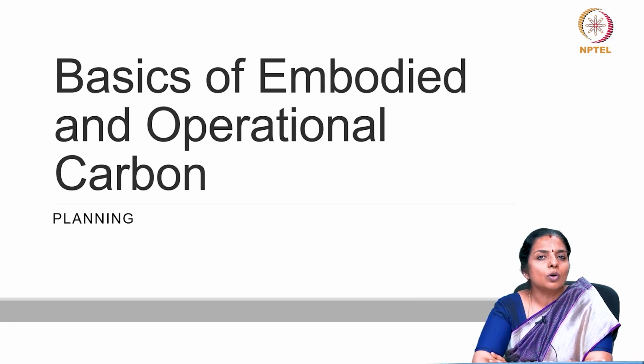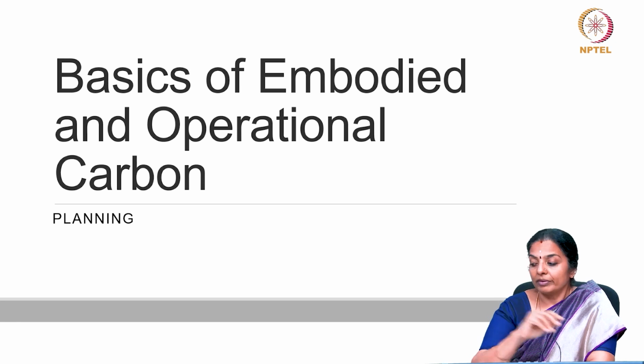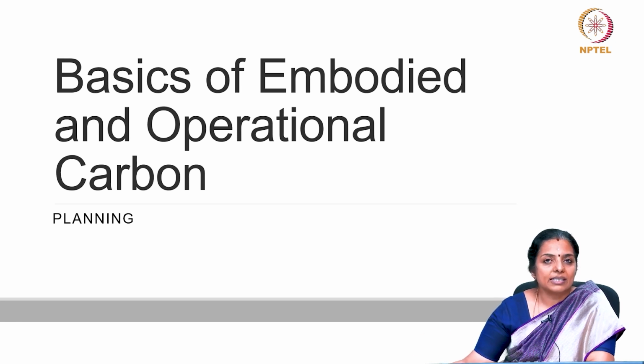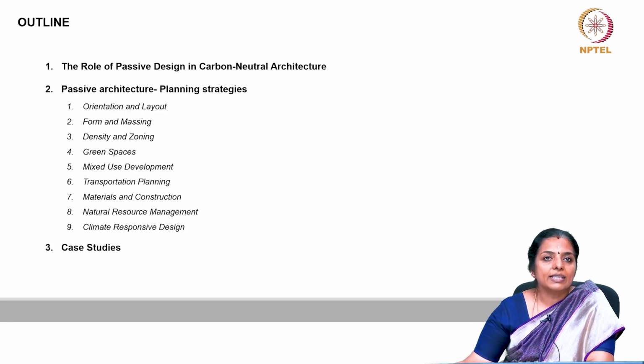There will be some overlaps between planning and a little bit on orientation might also come in, fenestration may come in, because these things are a little interlinked. They cannot be segregated completely as black and white. However, I have tried my best to keep it separate. So, we will see about planning.